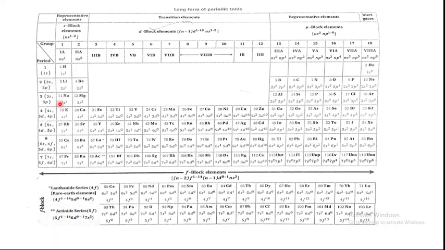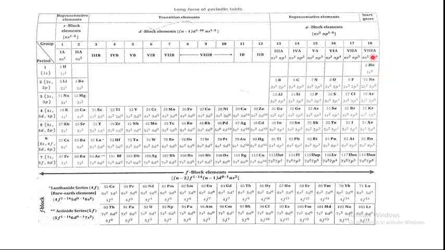So now we will discuss some p block elements. P block elements contain groups 13, 14, 15, 16, 17 and 18. In all these groups, the last electron gets accommodated in the p subshell, so these are collectively known as p block elements.